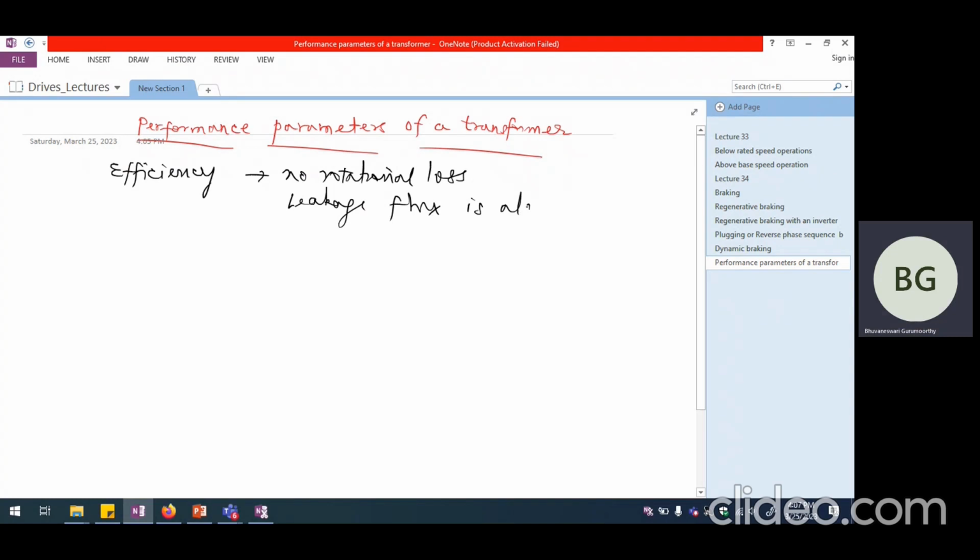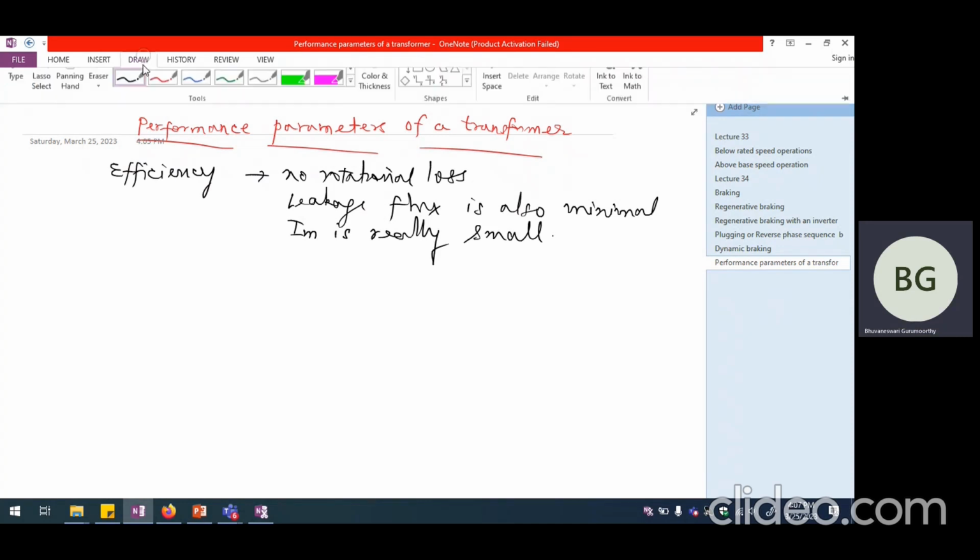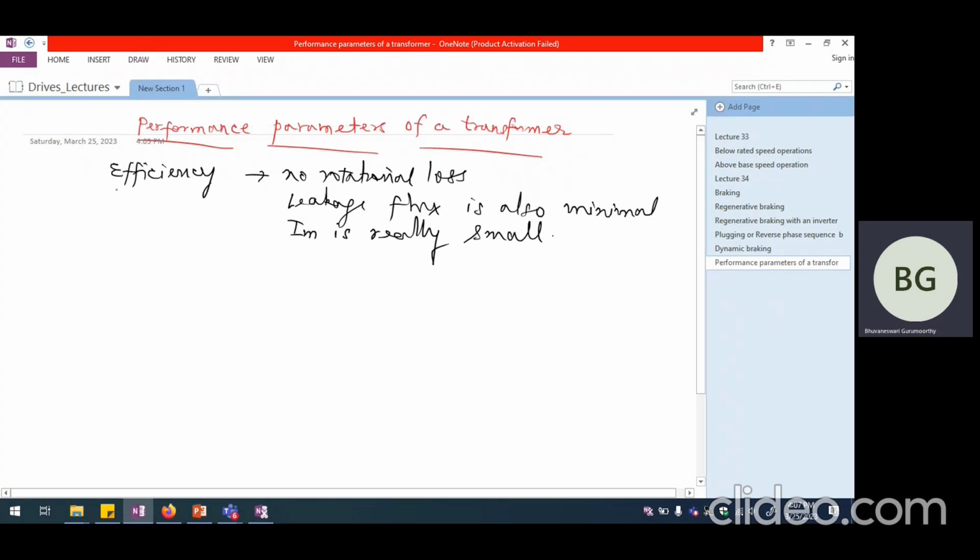And the magnetizing current that is being drawn is also really, really small. So all these things contribute to the better performance of a transformer, and hence the efficiency. The resistances of both the windings being small makes the efficiency quite high for a transformer.